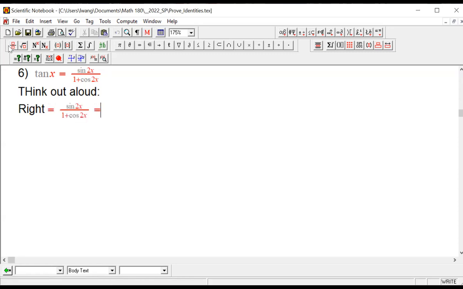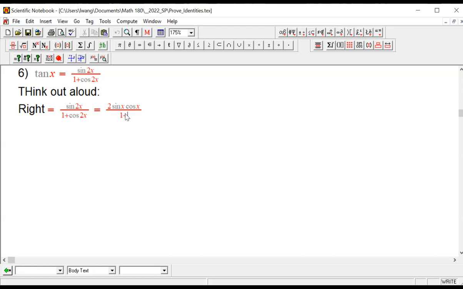Okay, as I'm starting on my right-hand side, I see the left-hand side has no double angle. So I'm going to reduce the double angle, right? It's natural, we're going to do it that way. So 2 times sine x cosine x, the bottom is 1 plus cosine 2x.